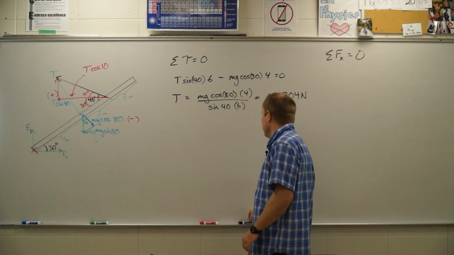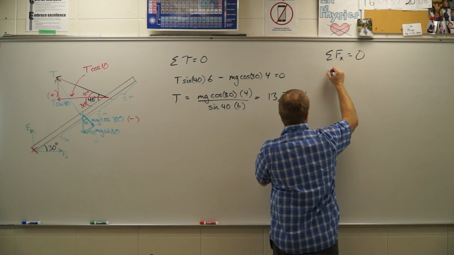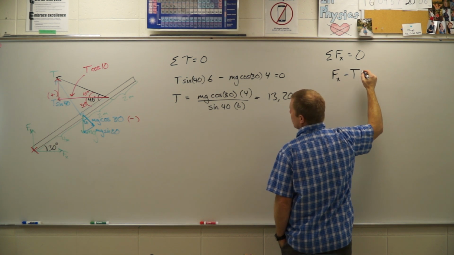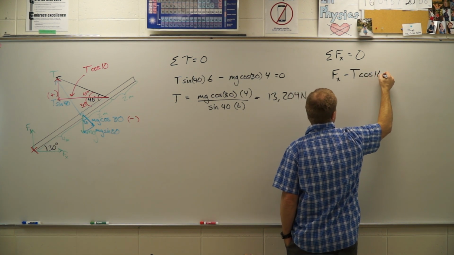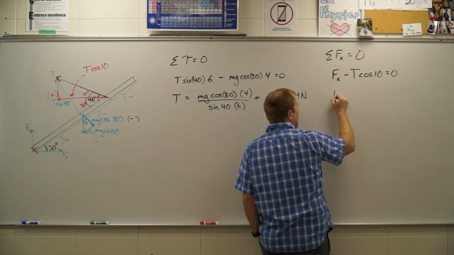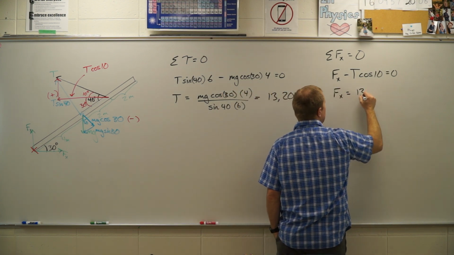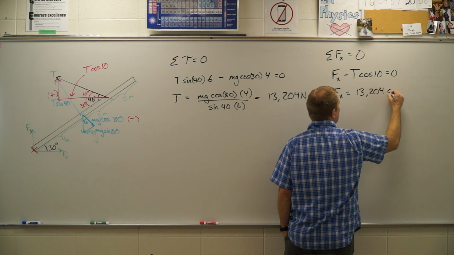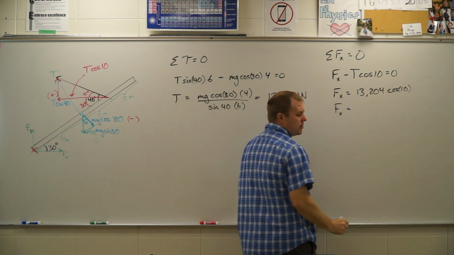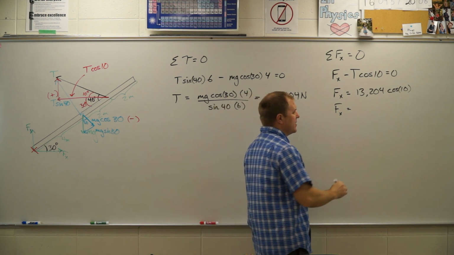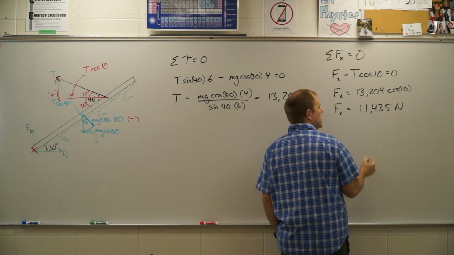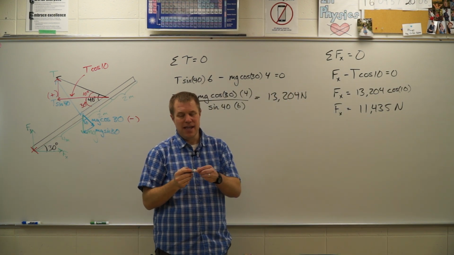So go ahead, plug that in. So now I have Fx minus tension cosine 10 equals 0. Solve for Fx. Fx is going to be 13,204 cosine of 10. And so we should get a number here of 11,435 newtons for that force.